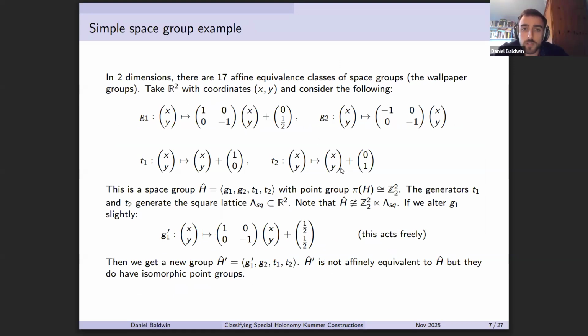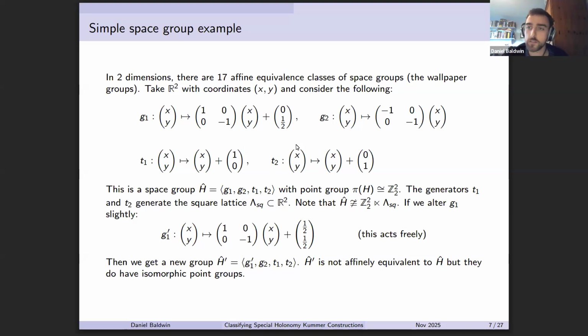We take R^2 with coordinates x and y, and then we consider the following generators: G1, G2, T1, and T2. G1 acts as -1 on y, and also translates at the same time. G2 only rotates x and y, and then T1 and T2 only translate.